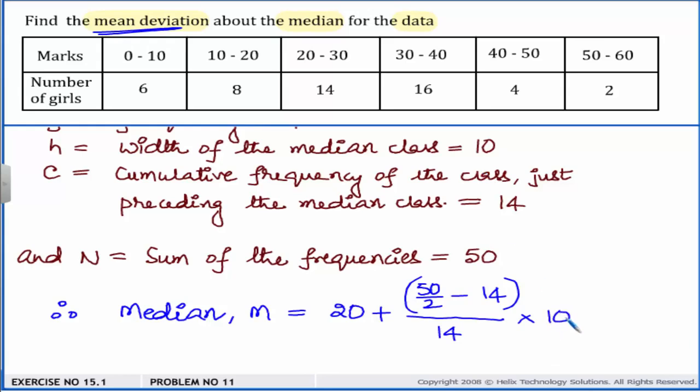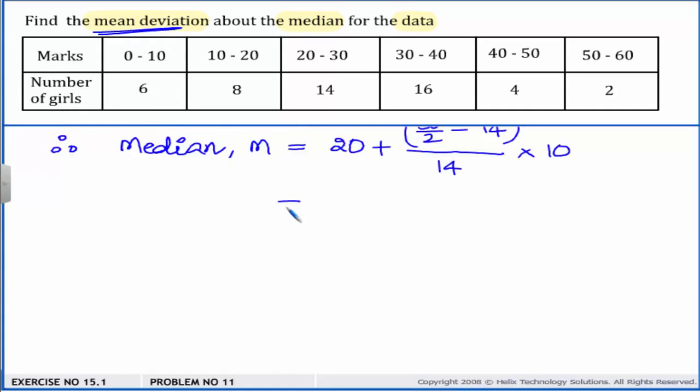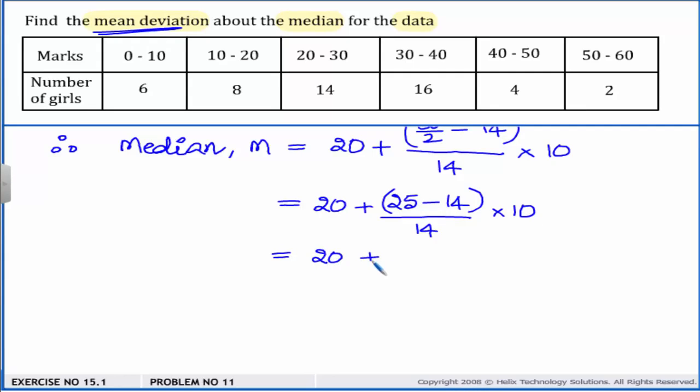So on simplifying this, you will be getting 50 upon 2 is 25. So this will be 25 minus 14 upon 14 into 10. So this is equal to 20 plus 11 into 10 upon 14. So this is equal to 20 plus 110 upon 14.